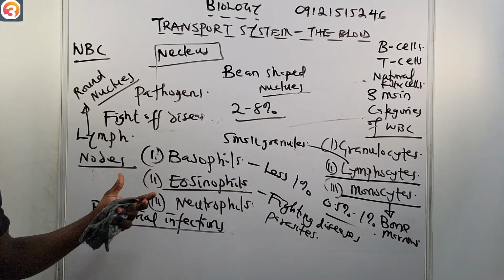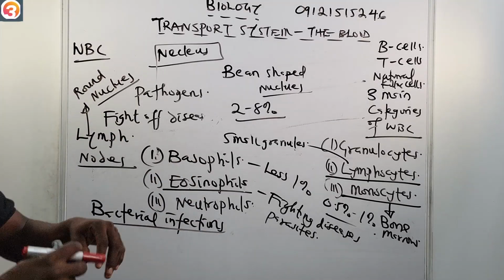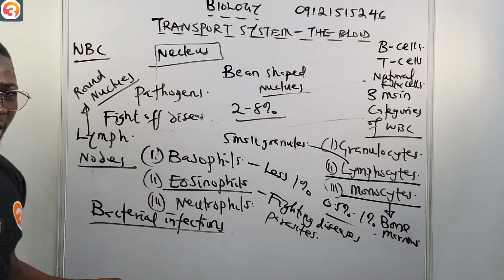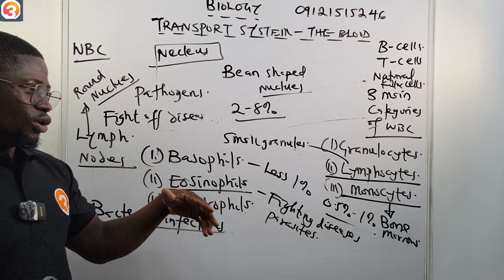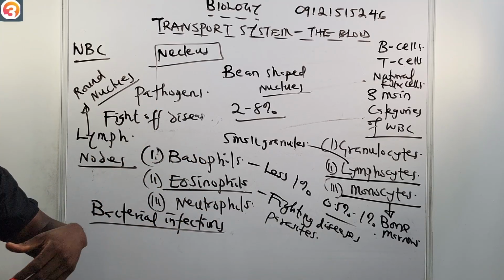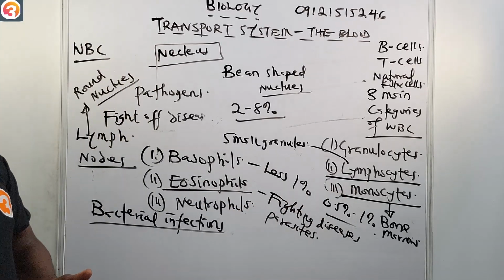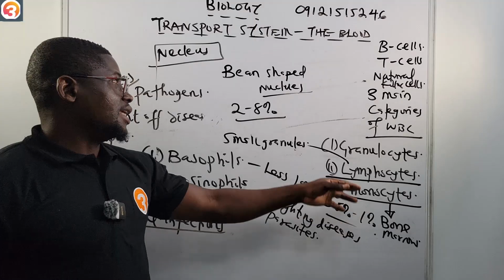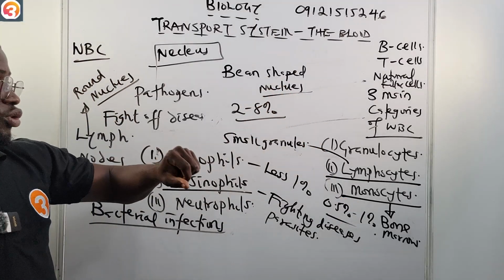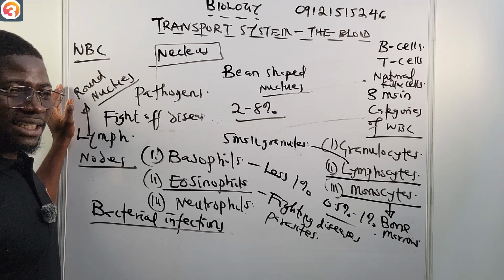Their function is to fight off pathogens, diseases, and unwanted things from the body. The function of the monocyte is to ingest bacteria and kill them. So the monocytes are formed in the bone marrow and have a bean-shaped nucleus, containing about 2 to 8% of the total white blood cells in the body.